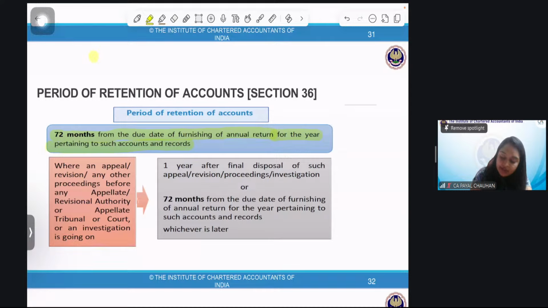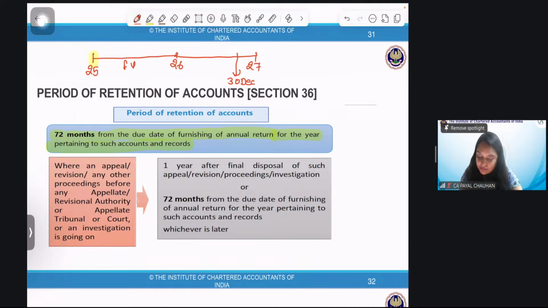So, now tell me, you'll answer. My financial year is 25-26. And suppose I filed my annual return on 30th December. Suppose it's an example that I have filed my annual return on 30th December. I'll mention the month also.